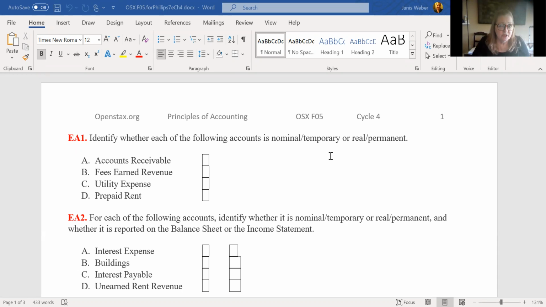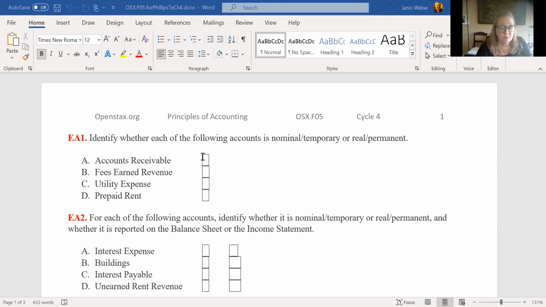So nominal and temporary are the type of accounts that will be closed out at the end of the period, and they would reset to track the next period's balances. So let's mark the temporary ones with an N for nominal, and we'll mark the permanent ones as an R for real.